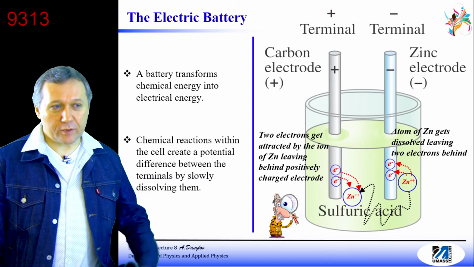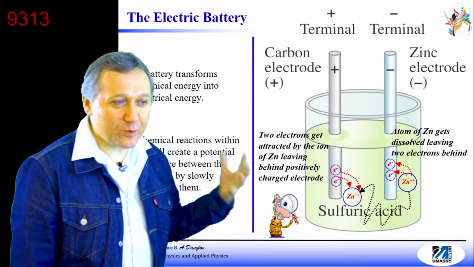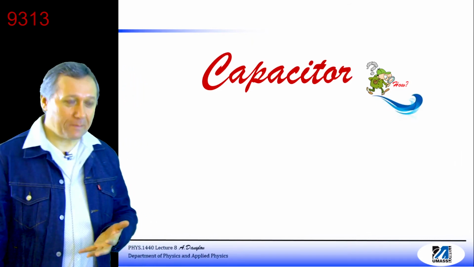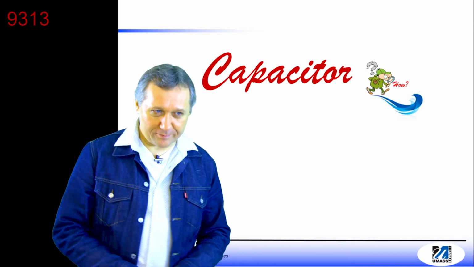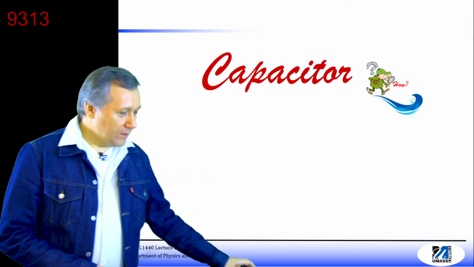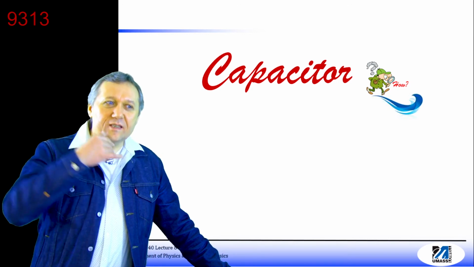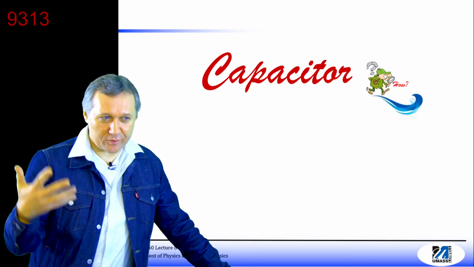And now, from this point, we can legitimately use batteries in our simple circuits. So the next element which we need to introduce is a capacitor. Very important. And usually at this point I would ask, okay guys, what's the major role of a capacitor in any circuit?